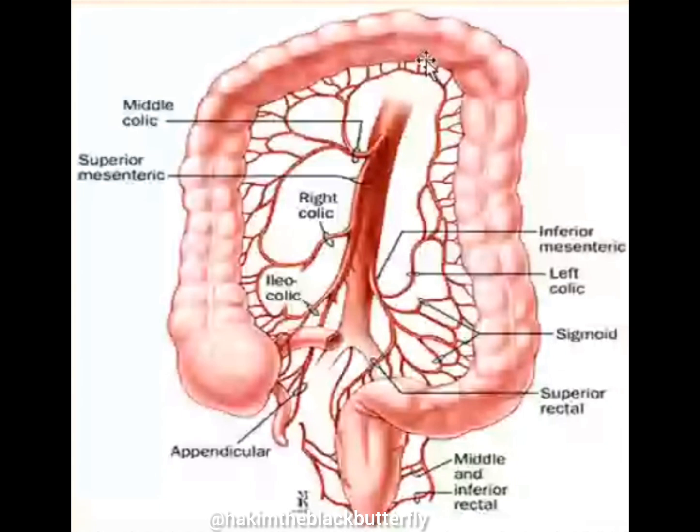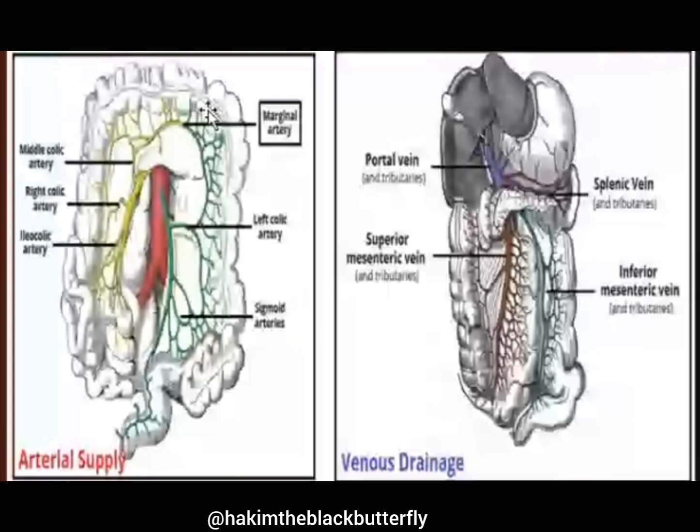I've talked about the significance of the boundary between the proximal 2/3 and distal third of the transverse colon. That's the point where I have the marginal artery, where the middle colic anastomoses with the left colic to form this critical point, the marginal artery.